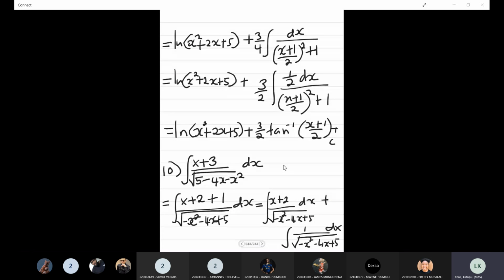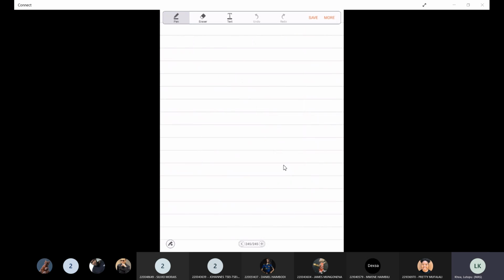Right, so let's see our next example. Here we have been asked to, call this one number 1, integrate hyperbolic sec of x with respect to x.